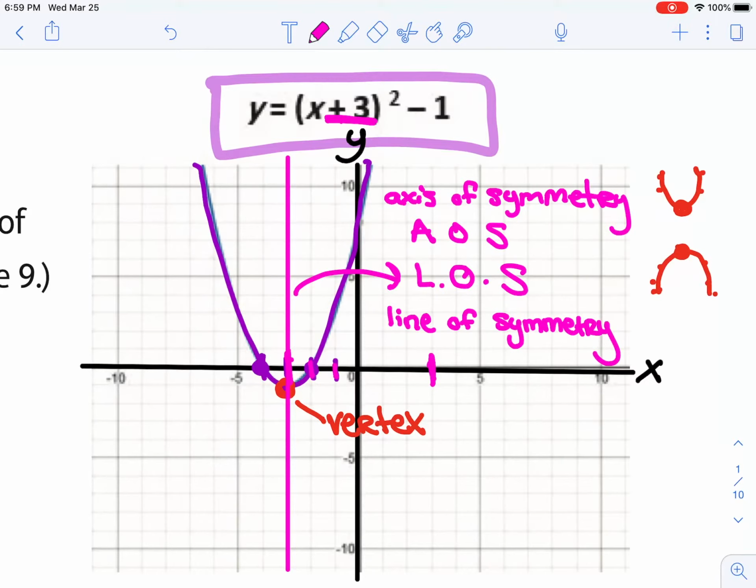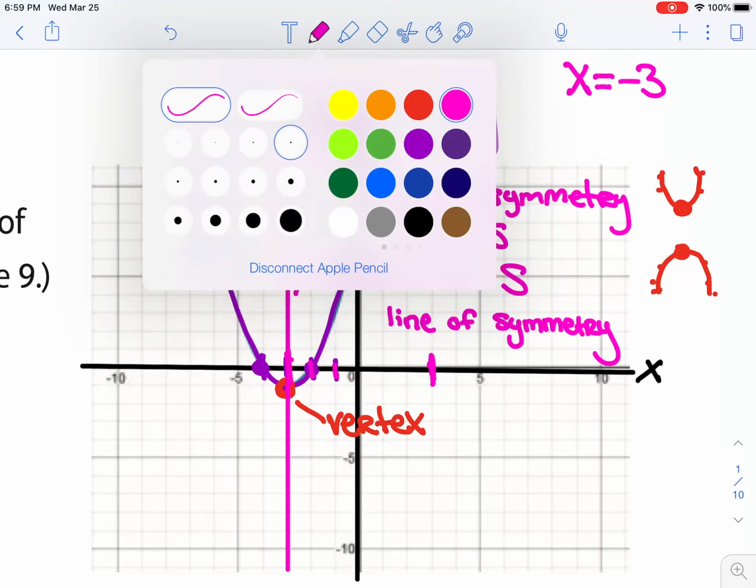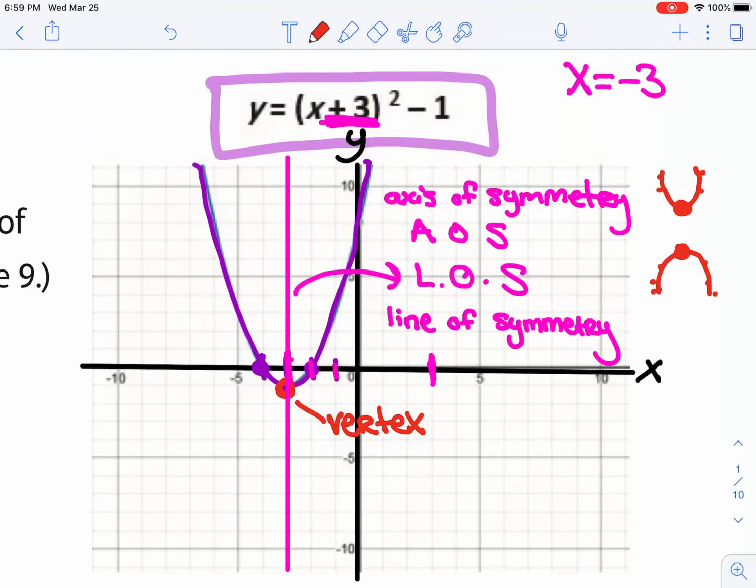And so this would mean that my x is going to equal -3. Not +3, -3. What goes in parentheses is like it's in a mirror. It goes the opposite direction that you think it would. It's like the opposite of your x. So that's what goes in that pink position.